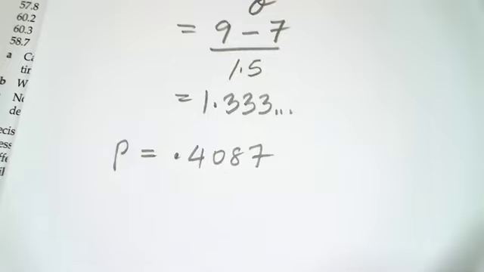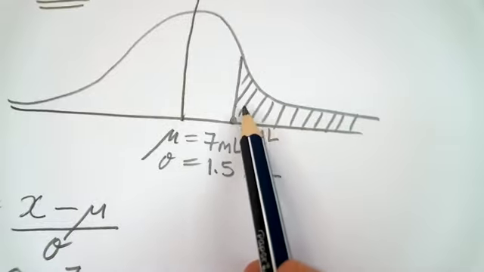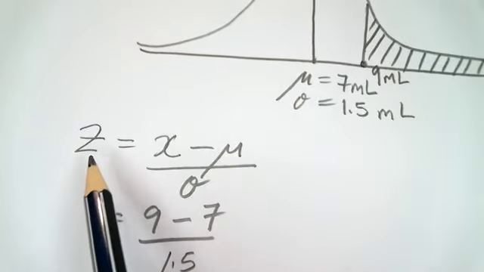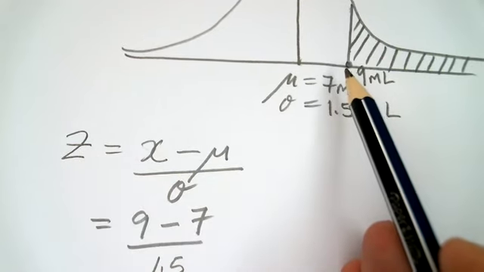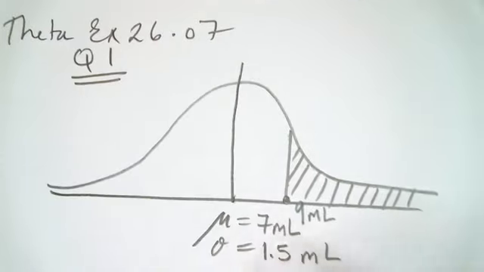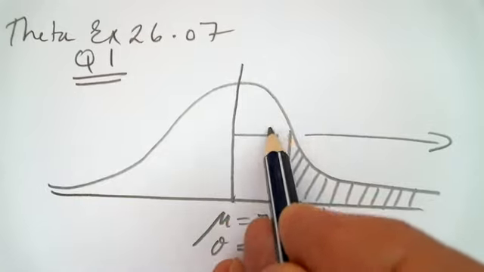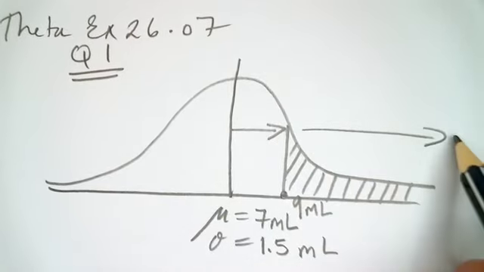But we don't actually want that, because really what we found is not this area here. Remember, the whole point of the Z value is how far in standard deviations the unit we've got here is away from the mean. In other words, we haven't found this bit here, we found this bit here. We found that distance here, not this distance on the other side.